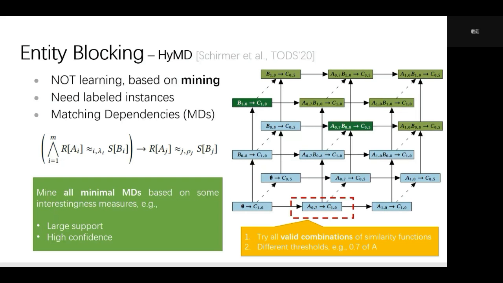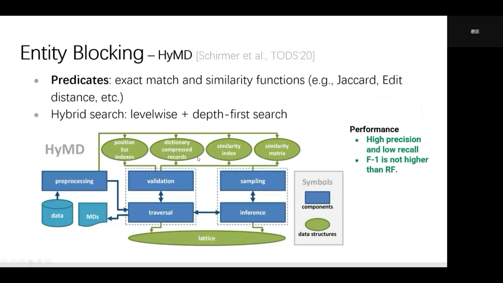To find all valid rules, they use a hybrid search method, which combines level-wise and depth-first search to improve performance. HybridMD shows high precision but relatively low recall, and the F1 is not higher than the random forest.